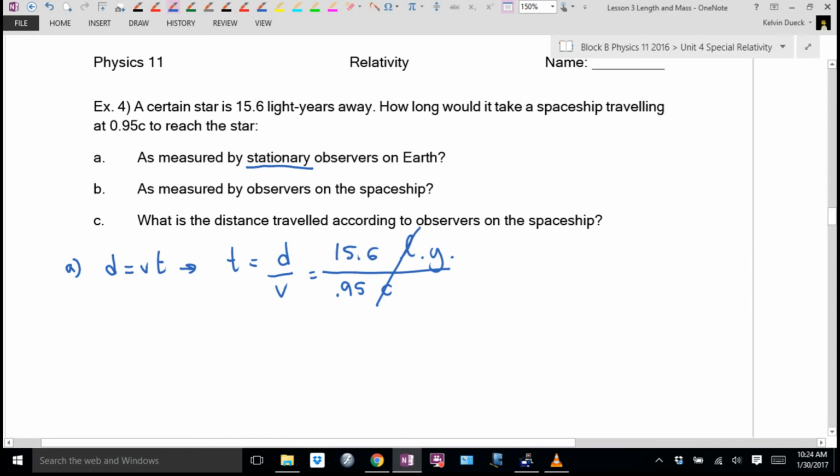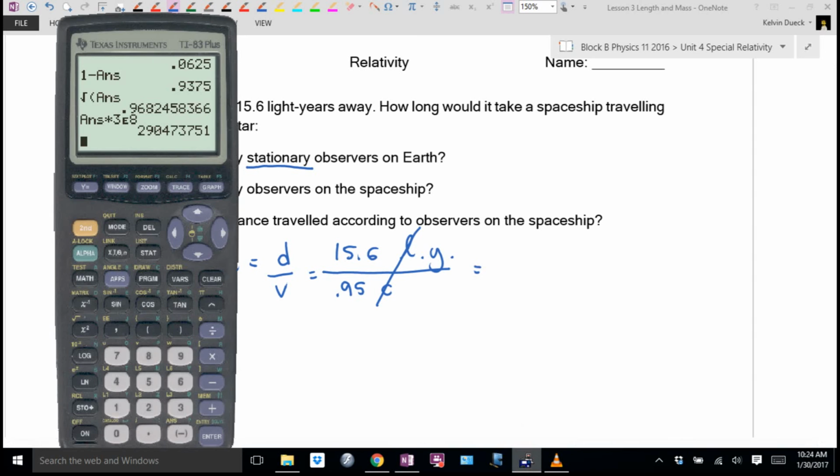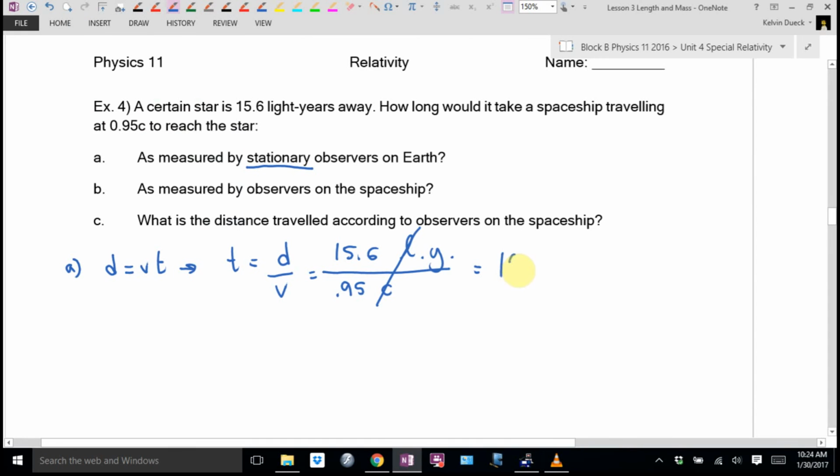The light and the light cancel out. Really, I'm going to go 15.6 divided by 0.95, and that's going to give me an answer in years. As far as we're concerned, it's going to take 16.42 years to get there.